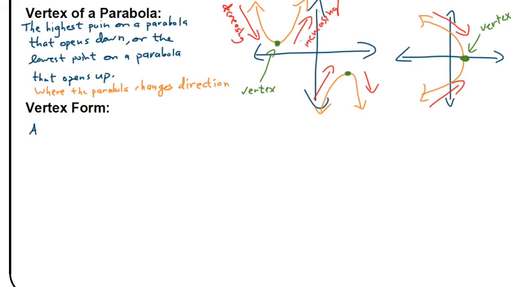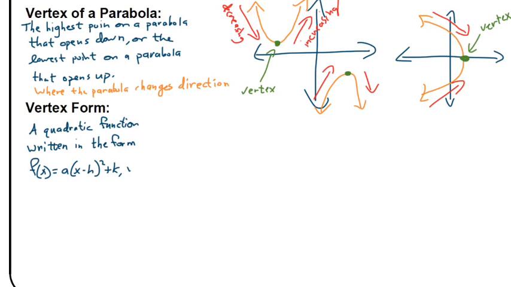A quadratic function written in the form f of x equals a times the quantity x minus h squared plus k, where a does not equal 0. And the reason, again, is if a was 0, all of this would cancel out, and it would no longer be a quadratic function. That's why a cannot equal 0.